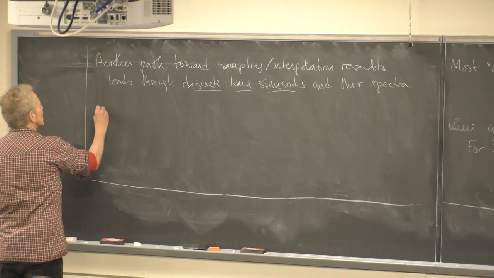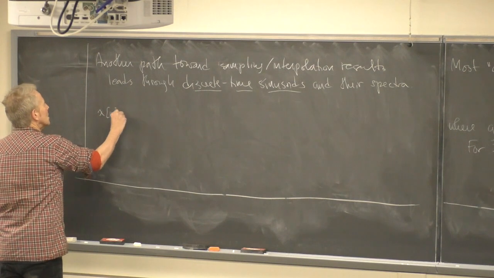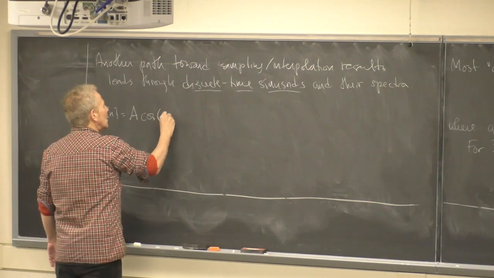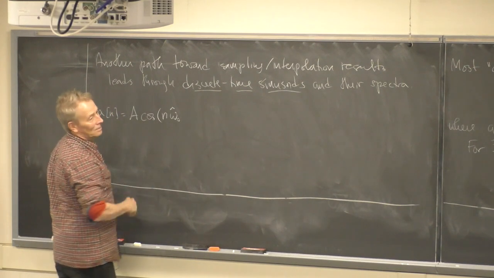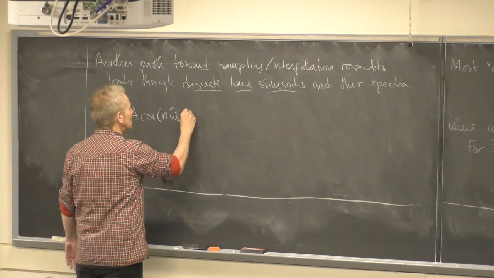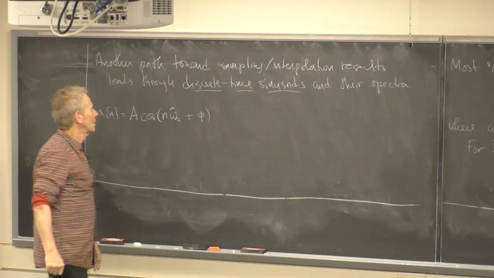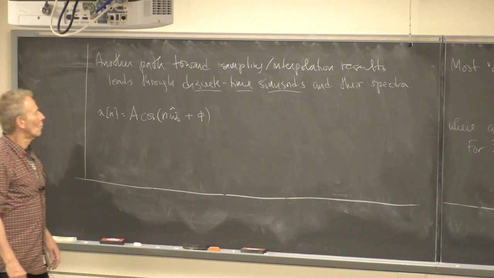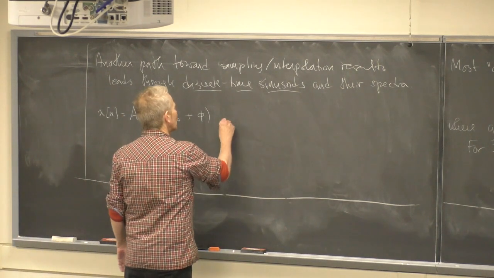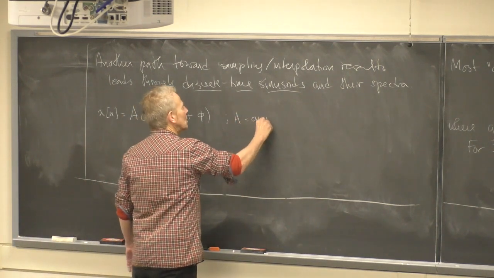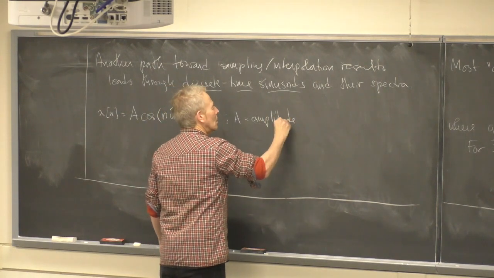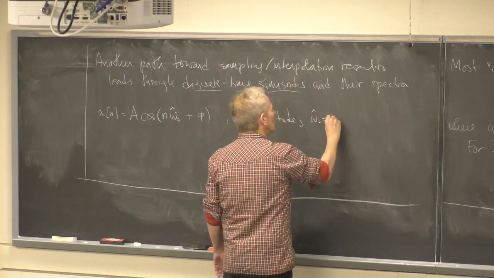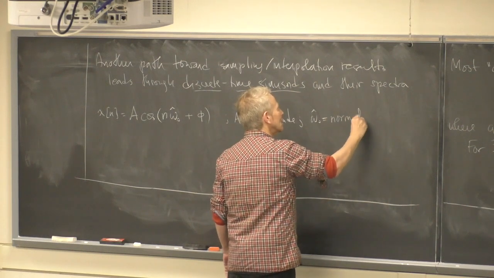A general such thing is x of n is equal to A cosine of n omega 0 hat plus phi. That's the general form of a discrete time sinusoid. And what is A, the amplitude? A is the amplitude, obviously. And omega 0 hat is what we call the normalized frequency.